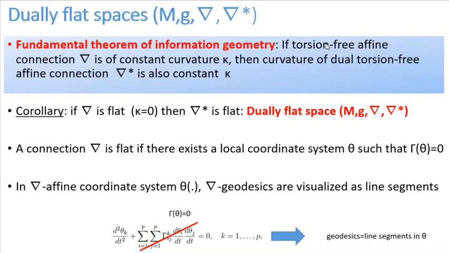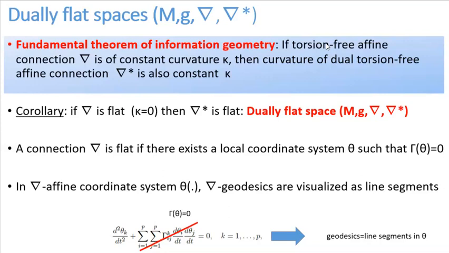Basically, a dually flat space for machine learners is a Bregman manifold. It's a manifold with a Bregman divergence. I will tell you why after. And what is good is, how can we recognize that the connection is flat? To define a connection in dimension D, you need to define D cubed functions, the so-called Christoffel symbols gamma. If you find a coordinate system theta whose coefficients are zero, then you know that the connection is flat.